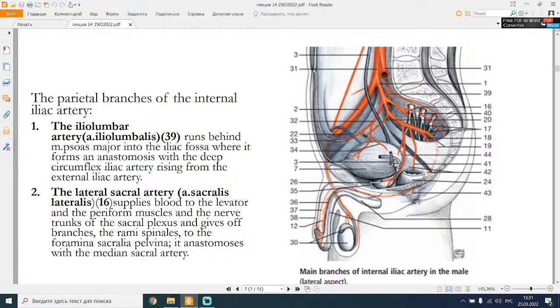It supplies blood to the levator and the piriformis muscle, and the nerve trunks of the sacral plexus, and gives off branches, the rami spinales, to the sacral pelvic foramina. It anastomoses with the median sacral artery, arteria sacralis mediana.